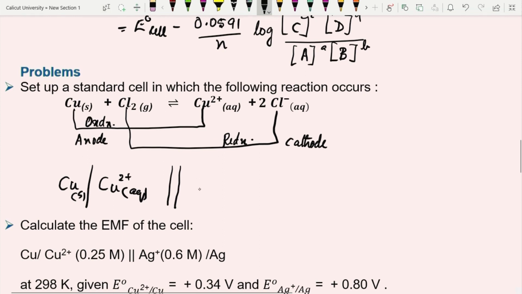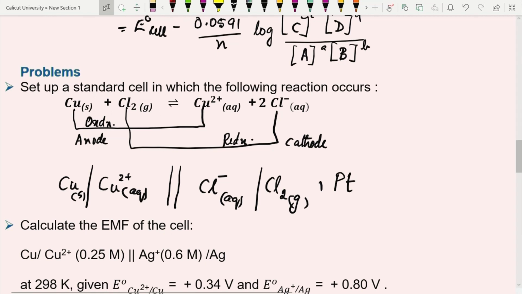Then I have to put the electrolyte solution of the cathode, that is chloride ions, aqueous, and chlorine gas. Now, it is not complete because this is a gas electrode, so you have to put platinum, otherwise the electrode will not be complete.